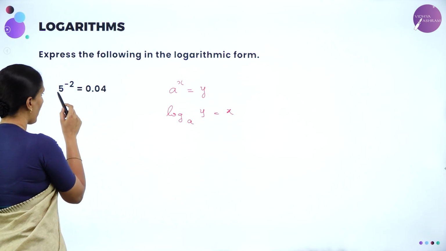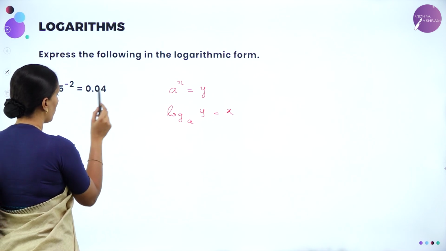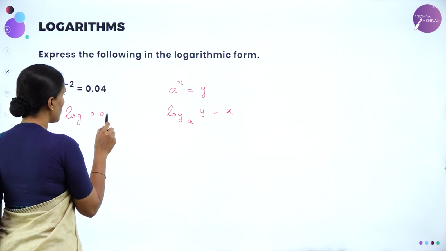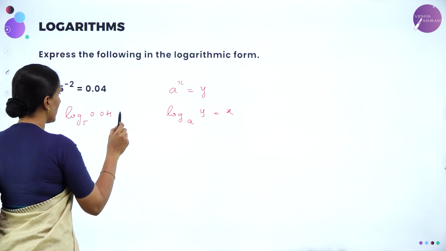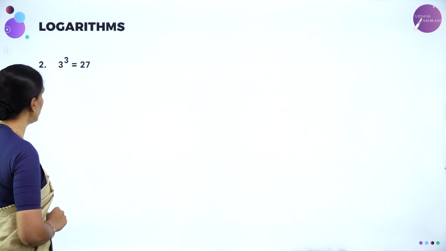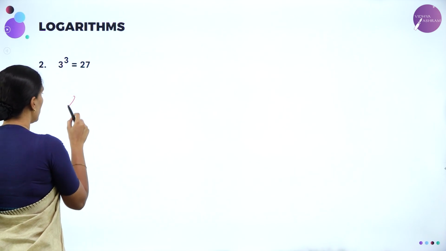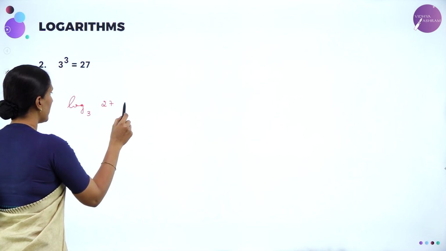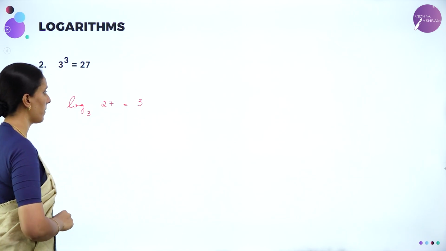So now we have 5 to the power minus 2 is equal to 0.04. So I can write it as log 0.04 to base 5 is equal to minus 2. Next. 3 cube is equal to 27. So we can write this as log 27 to base 3 is equal to 3.